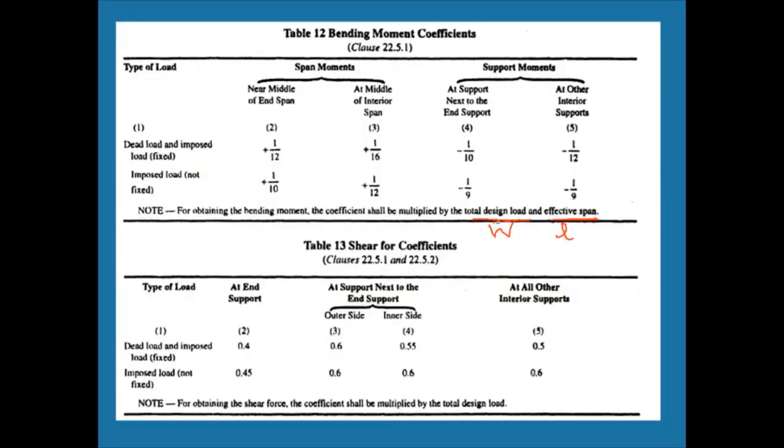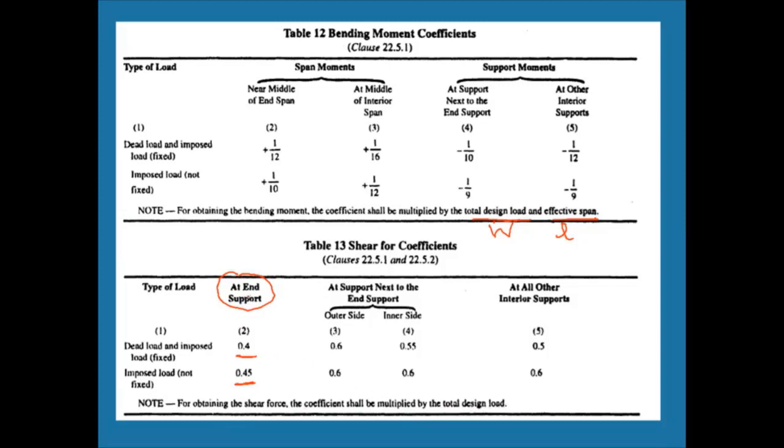So see the first condition here, at the end support. At the end support, the coefficients are 0.4 and 0.45 for the dead load and the imposed load which is not fixed. For obtaining the shear force, the coefficient shall be multiplied by the total design load directly.